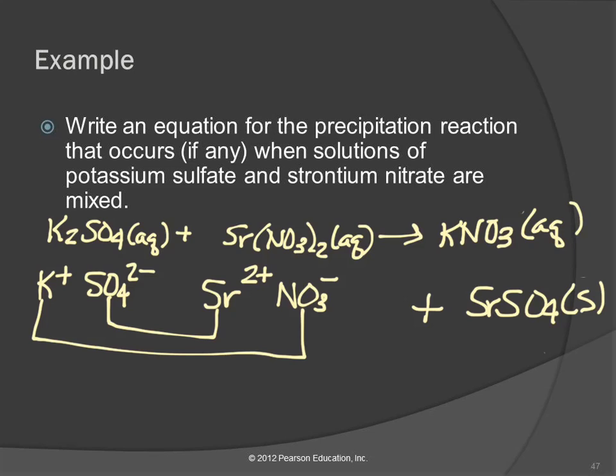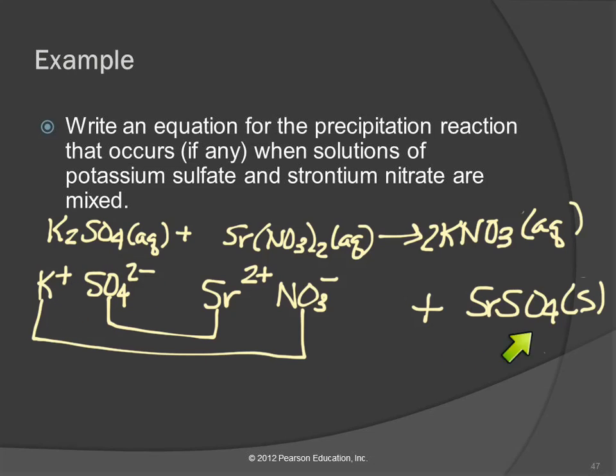Now we need to balance. So potassium, there's 2 of them. Over here there's only 1. So if I put a 2 in front of KNO3, that gives me 2 potassiums. Over here I've got SO4. That acts as a unit. It stays together.